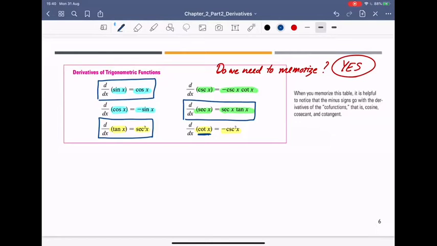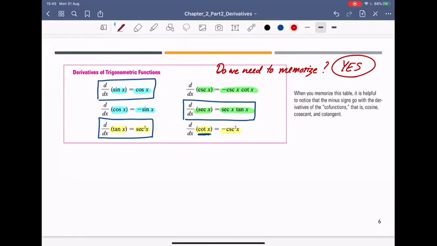So the bottom line is, no matter what, you need to memorize this, because we're going to ask you to differentiate. And if you cannot remember the formula, you're going to waste your time on the exam proving it, right? Let's say I cannot remember the formula for differentiating tangent. Then on the exam, I may need to start from the definition and prove it, which will waste my time.